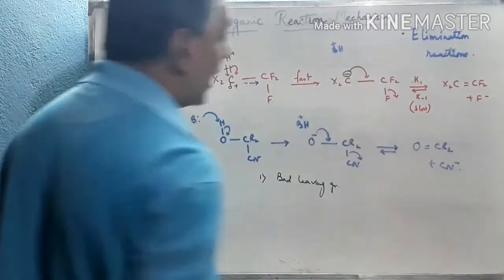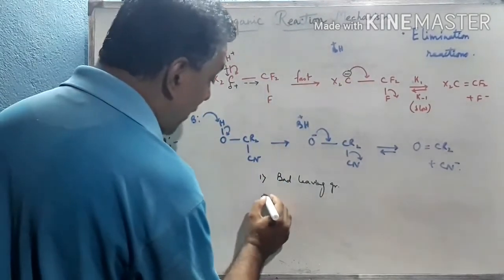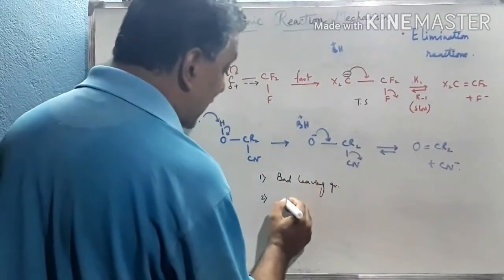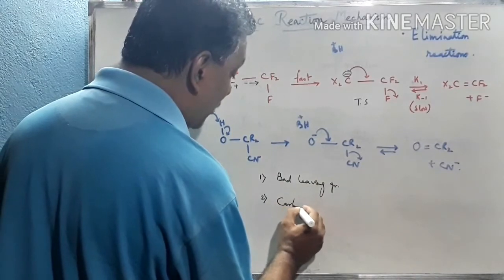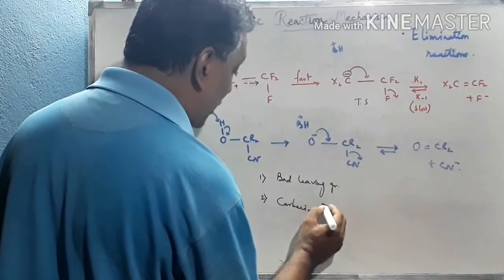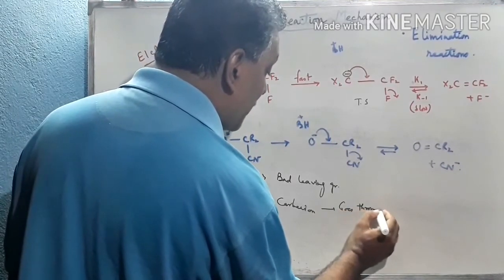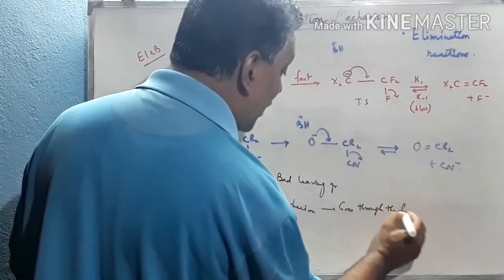It first generates a carbanion. So the second part is the transition state. At the transition state, it forms a carbanion. This reaction goes through the formation of a carbanion.